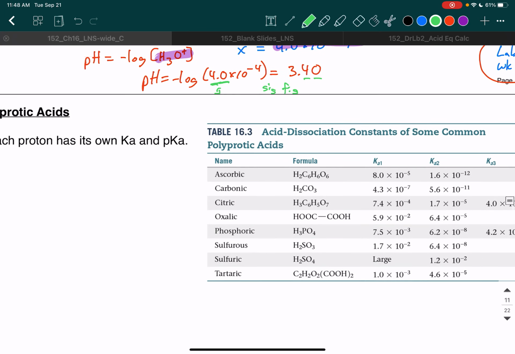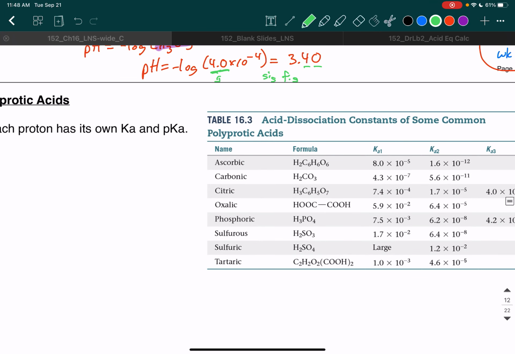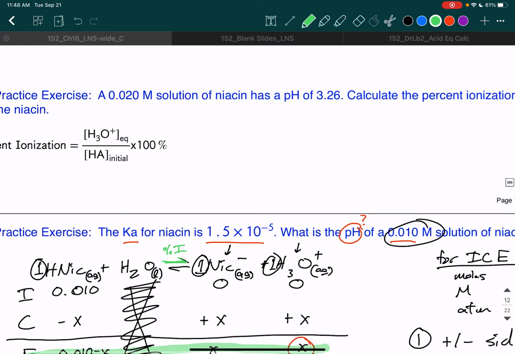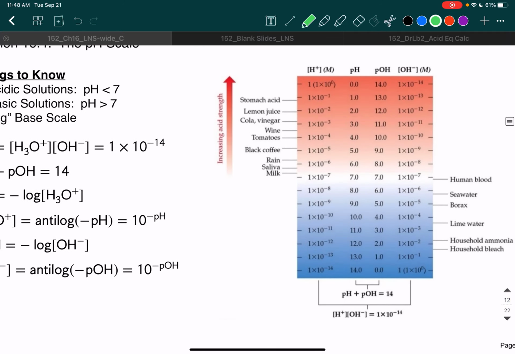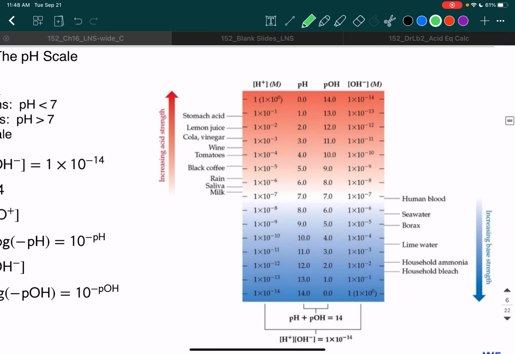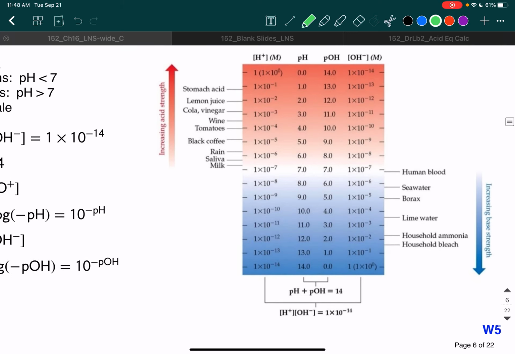But before I do that, let's just look at the pH scale. I really don't want to talk about it because I want to talk about it tomorrow. But there's the pH scale. You're probably familiar with a lot of this.